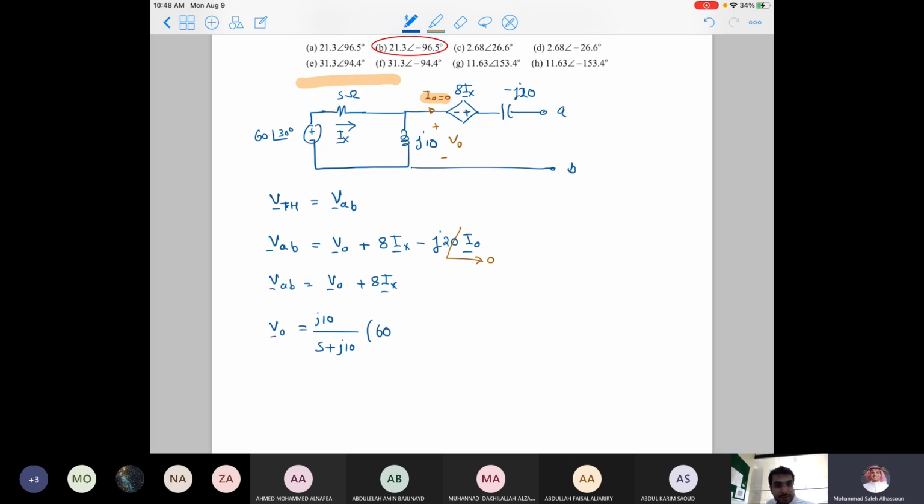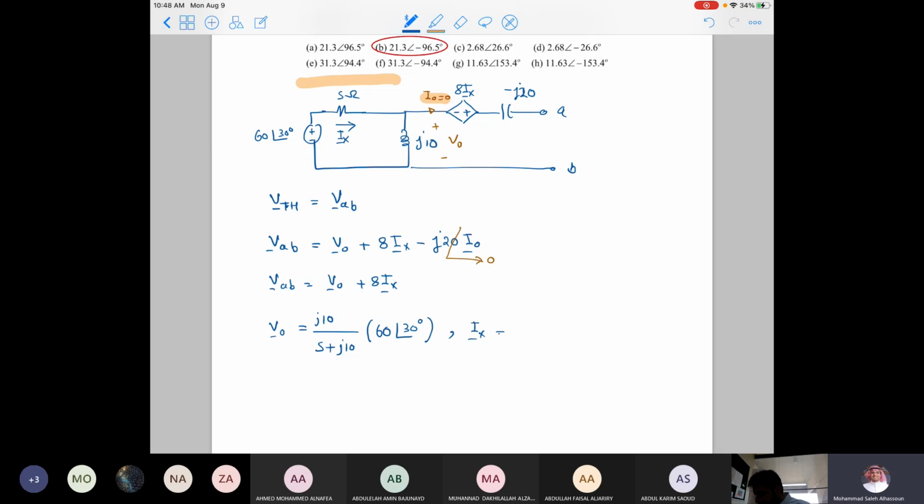Remember here, if I0 is not 0, you cannot apply the voltage divider. So this is, I'm sorry, this is V0.